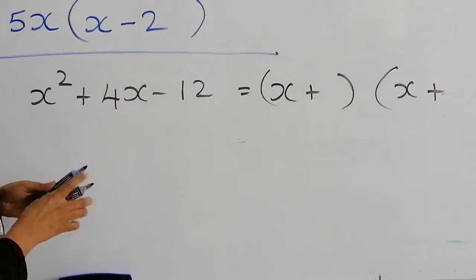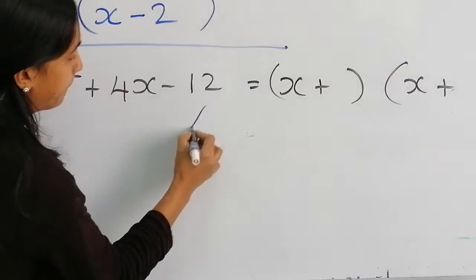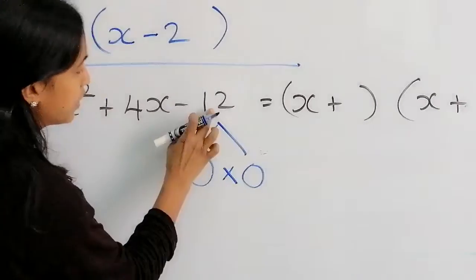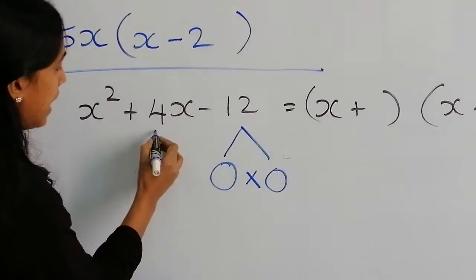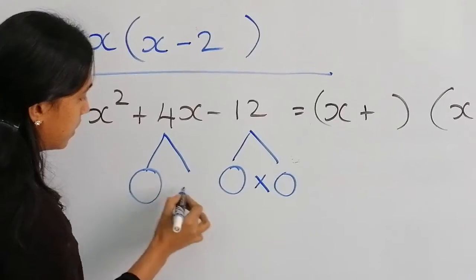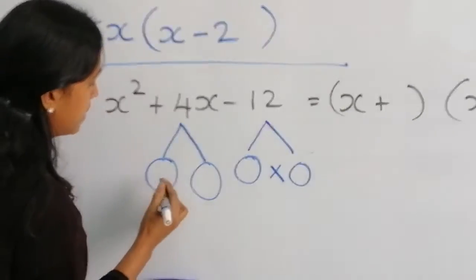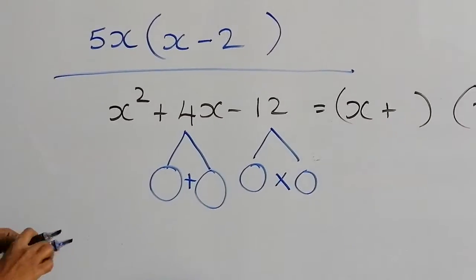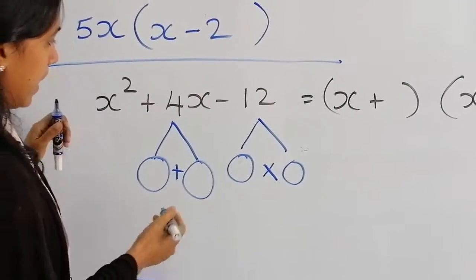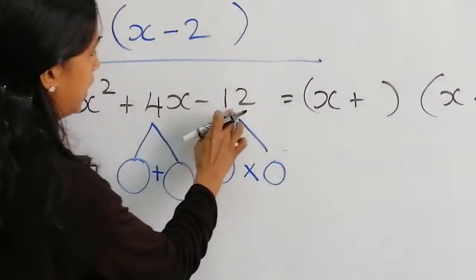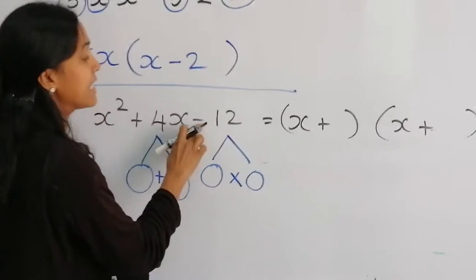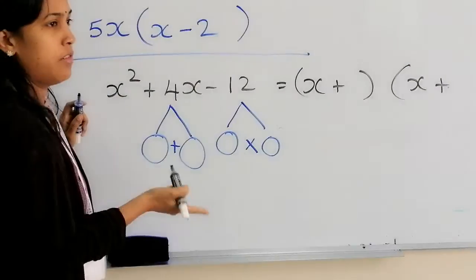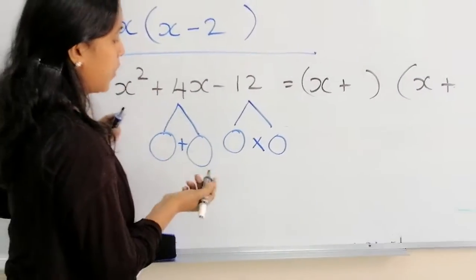We have to find the numbers. When we multiply these numbers, we should get negative 12. When we add the same numbers, we should get 4. So let's see the factors of 12. Actually it is negative 12. That means one number is negative and the other one is positive.